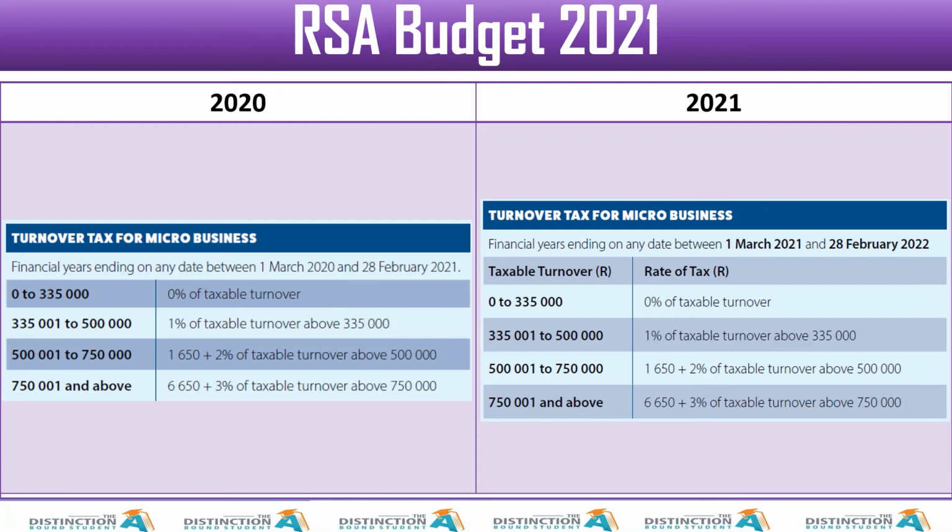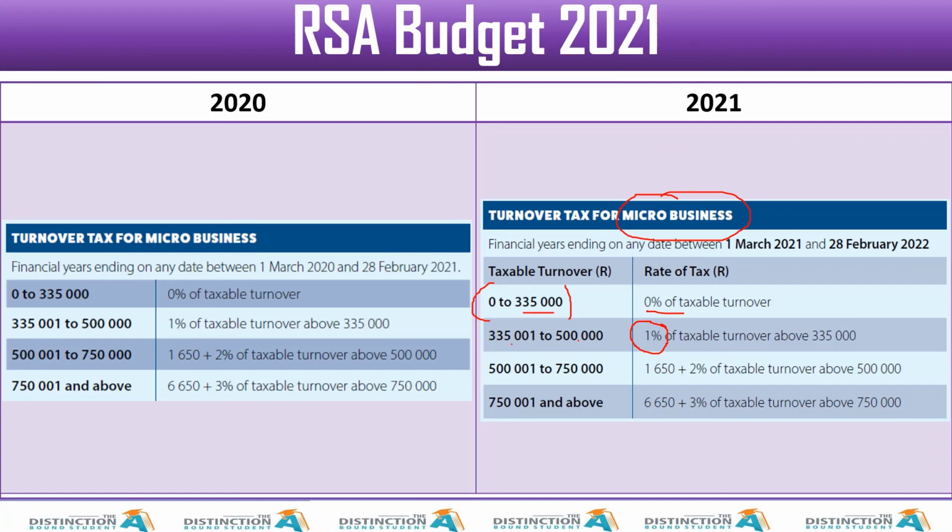All right, then the last part, which is on micro businesses. You see that they don't pay anything from 0 to 335,000. Income between this and that, they start paying only 1%, and so on.